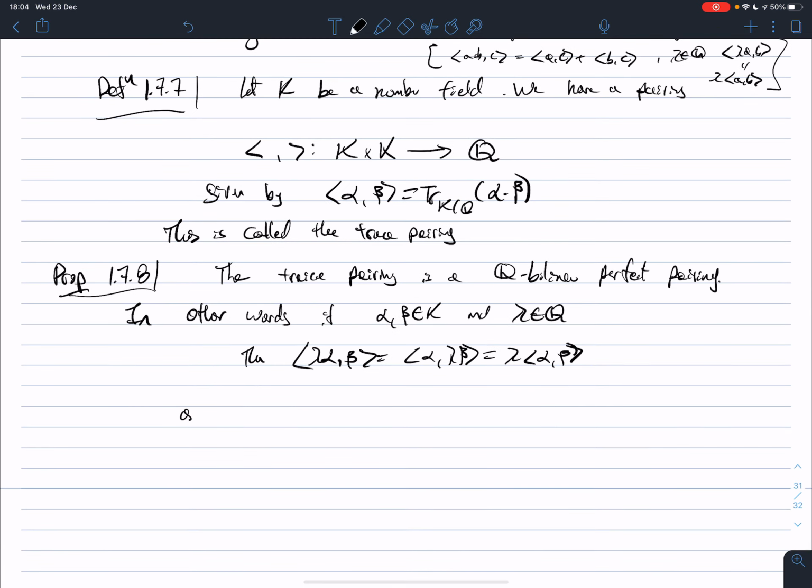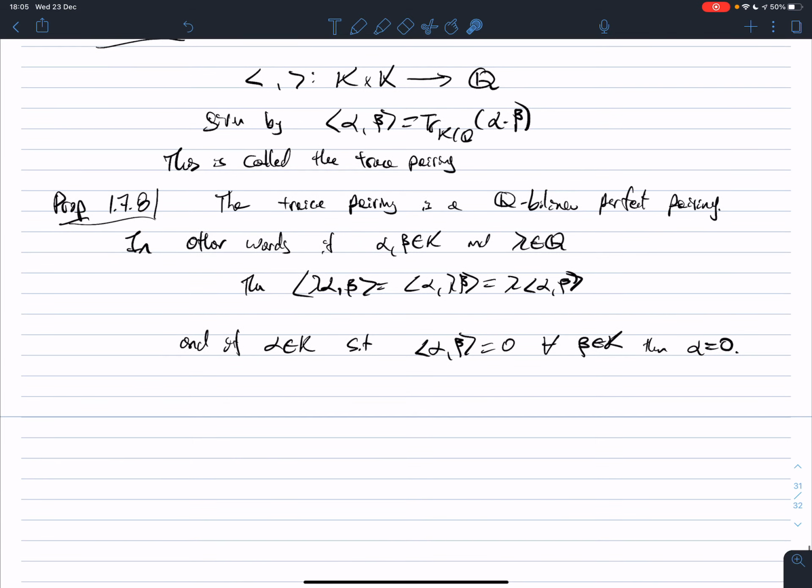And if I have some alpha in K such that the pairing of alpha with beta equals 0 for all beta in K, then alpha has to be 0. So if I have some element which pairs with every other element to 0, then the element that I started with, alpha, must have just been the 0 element. This bit is what perfect means, and the rest is part of it being Q bilinear.